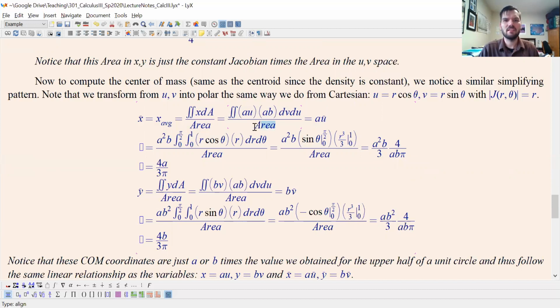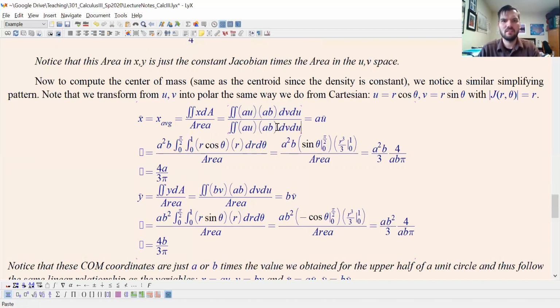Let me write this area integral out on the bottom, just so it's abundantly clear what's happening. The area on the bottom is the double integral of ab, the Jacobian, times dv du. If we cancel out the ab's and factor the a out, we have the double integral of u dv du over the area in terms of the UV space, which is simply a times u bar.